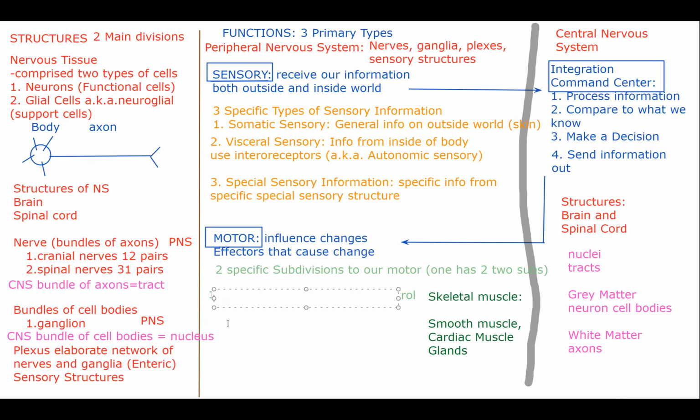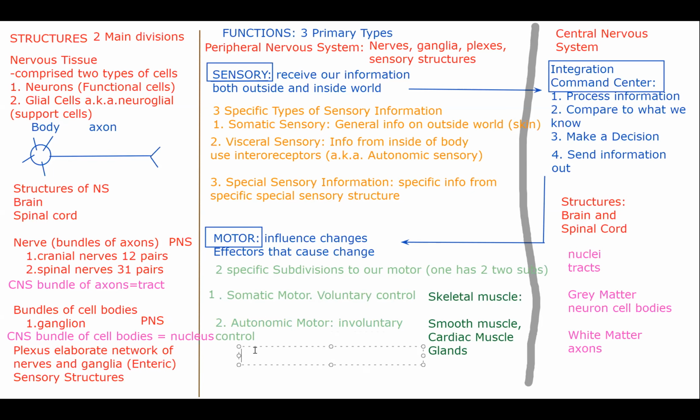The second subdivision is what we call the autonomic motor. And the autonomic motor division is what gives us our involuntary control. And it gives us that involuntary control of our smooth muscle, our cardiac muscle, and our glands.